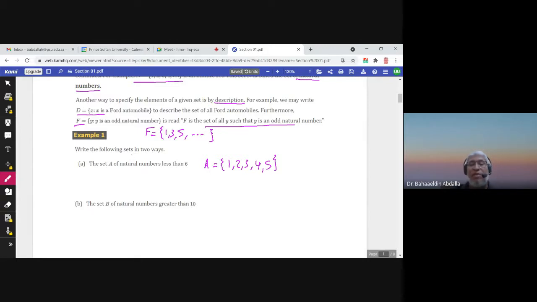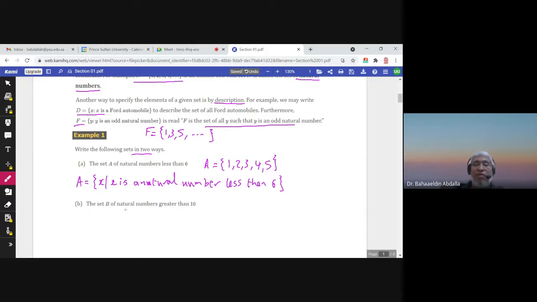In the other way, we can describe: A consists of all elements X such that X is a natural number less than 6. So this is another way to write this set by describing.